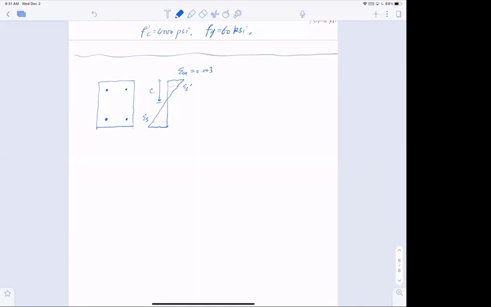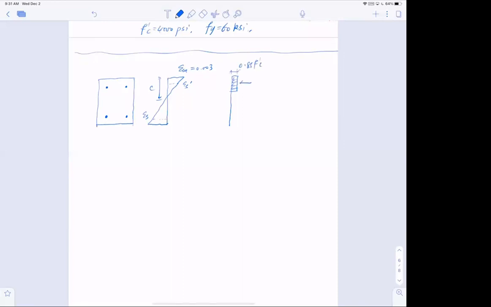In terms of stress, I can draw the Whitney stress block. This is the compressive stress from the concrete, and the value is 0.85 f'c. I have a compressive force from the steel, A s prime f s prime, and a tension force here, A s f s. And this is a.